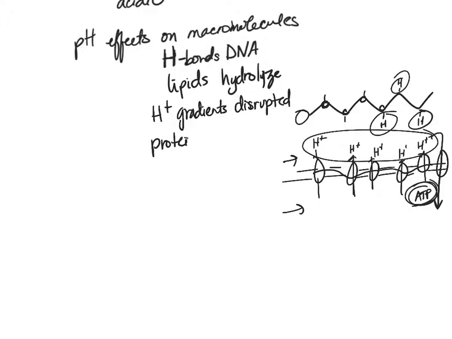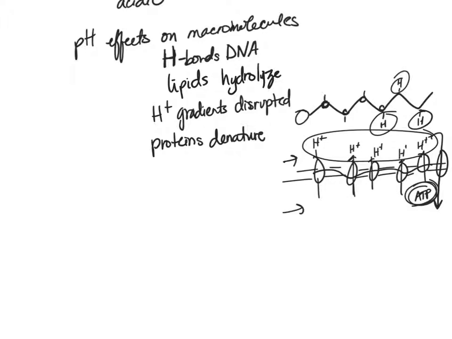And then last but not least, our proteins can denature. This is a serious concern as well, because most of our enzymes are made up primarily of proteins. So when we have an increase in hydrogen ions, those are going to interact with those R groups, or those different individual amino acid groups in our long protein chains.